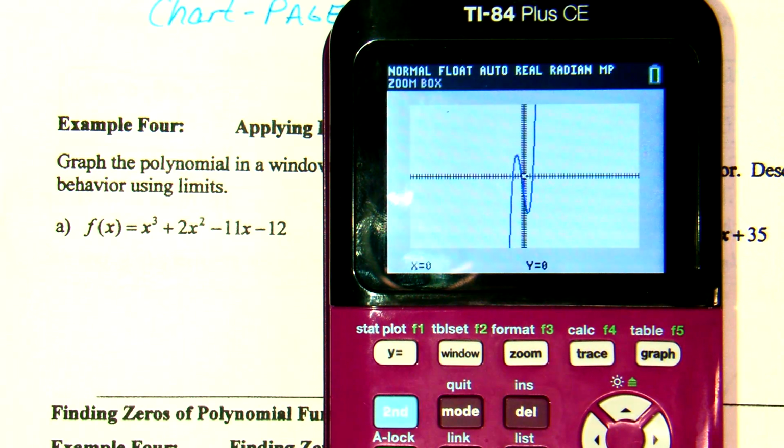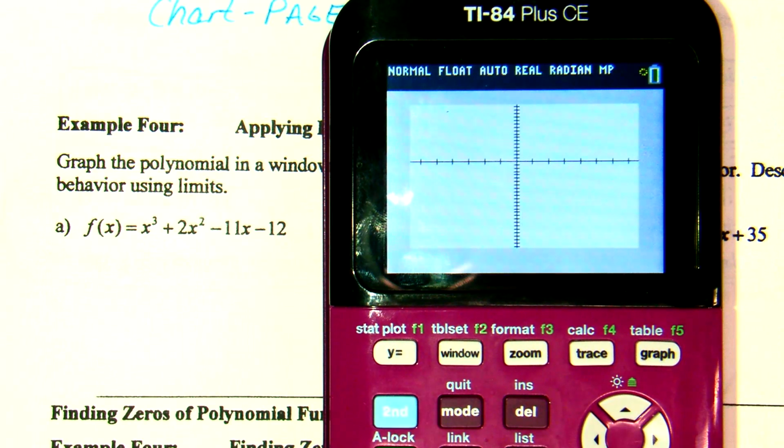Here, if I just want to see the basic graph and not be zoomed out all the way, make a corner of your square, and then make the diagonal corner of your square, and hit enter, and that's your ZBox. If you're fine with the previous graph, then you don't need to do that. But if you want a better view, that gives you a better view.